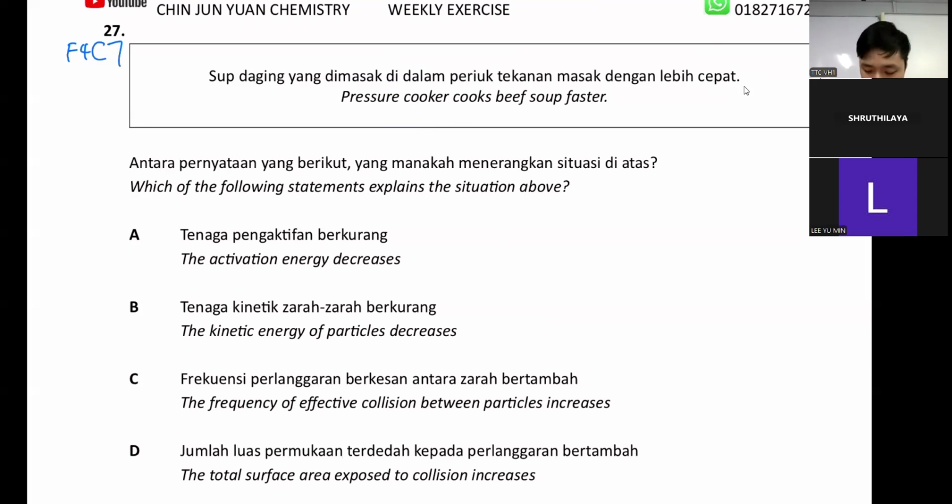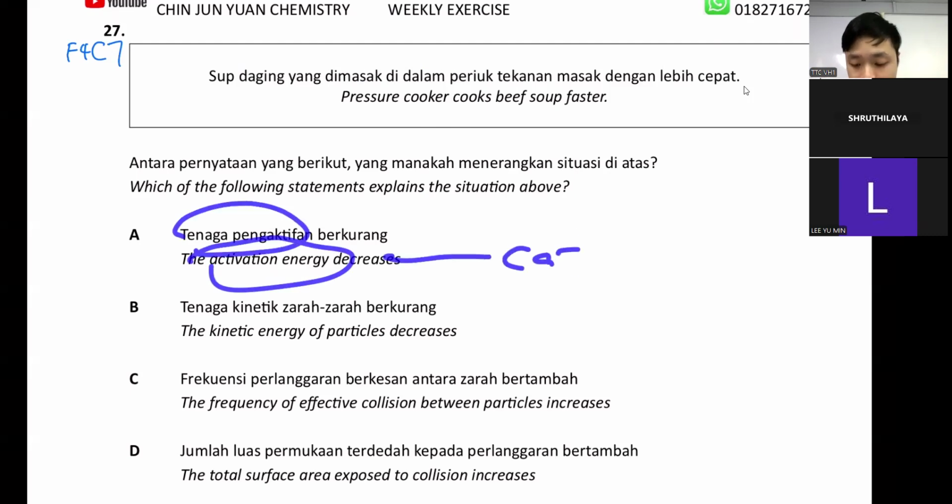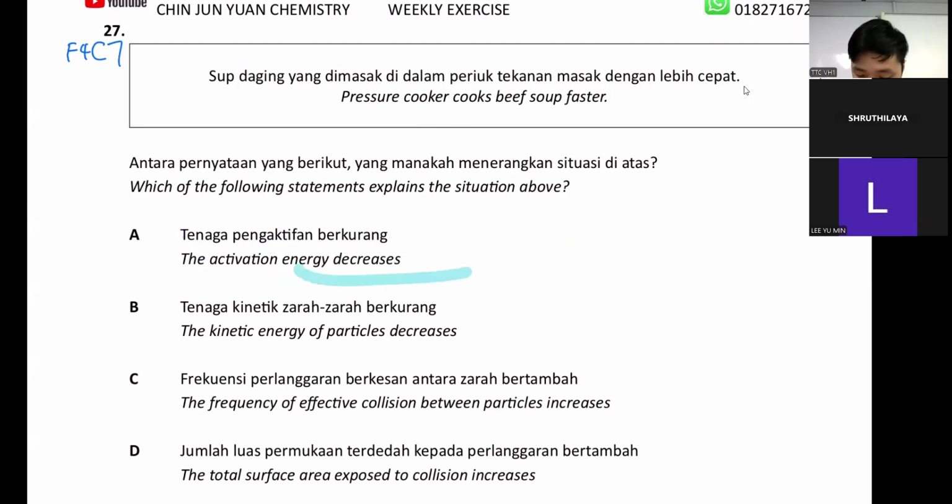Okay, so in this case, A: activation energy decreases. Not the best answer, because normally activation energy is used for catalysts. If you have catalysts, not for this factor.